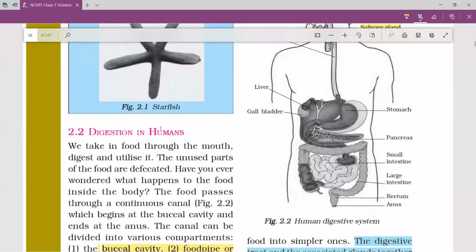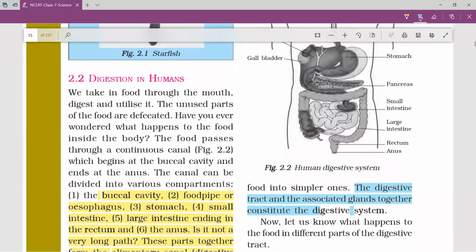Next, how does the digestion process take place in humans? It is a long procedure in our body. After taking food in the mouth, it has to go through a long process in our body. Some parts of the body are engaged in this process, and together they form the digestive tract.